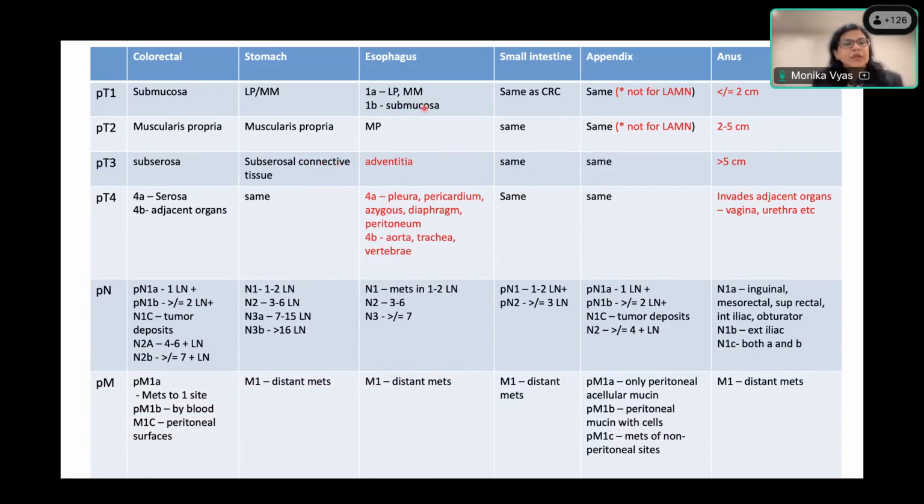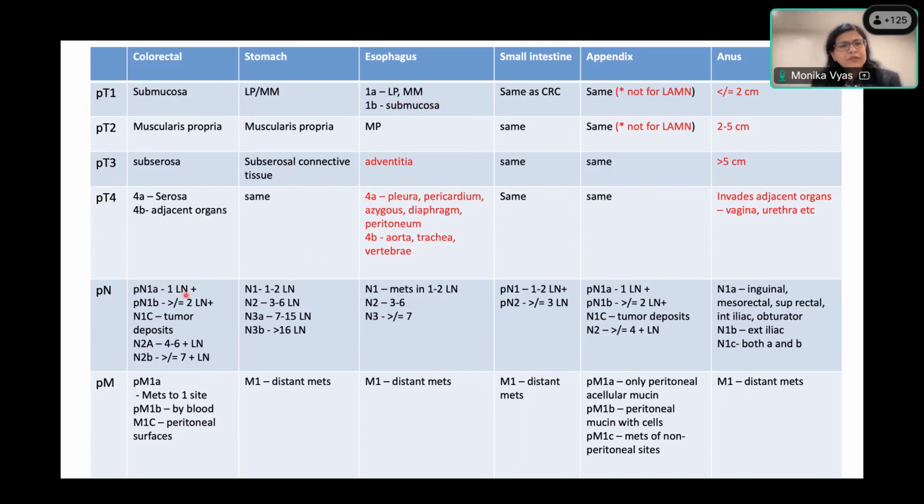So definitely something you need to be aware of. pT1 is submucosal involvement in the lower GI tract, whereas in the upper GI tract, invasion of the lamina propria or muscularis mucosae is considered pT1a, and presence of tumor in the submucosa is pT1b.